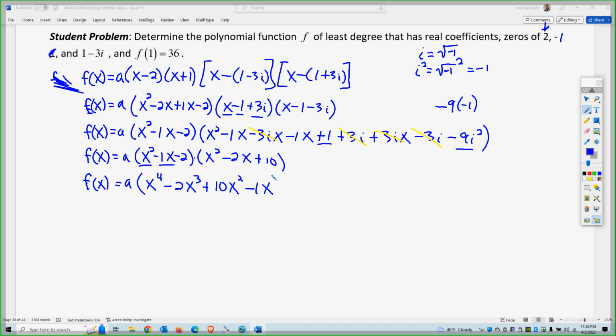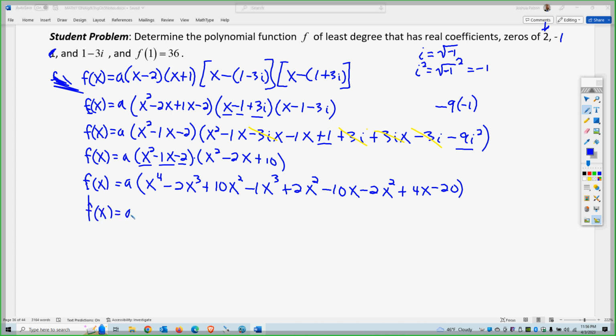Minus 1x to the 3rd plus 2x squared minus 10x. Okay, so the last one, minus 2. So minus 2x squared plus 4x, and then minus 20. Okay, so that gives me 1, 2, 3, 4, 5, 6, 7, 8, 9 terms. Perfect. That's what we wanted, right?